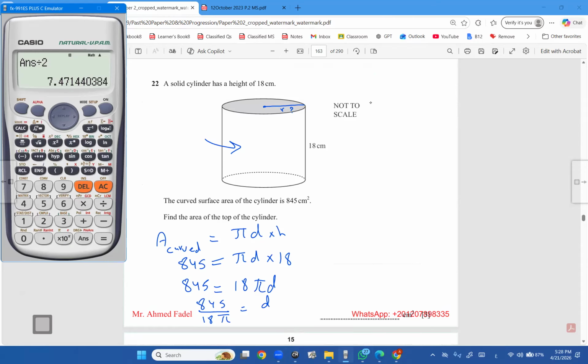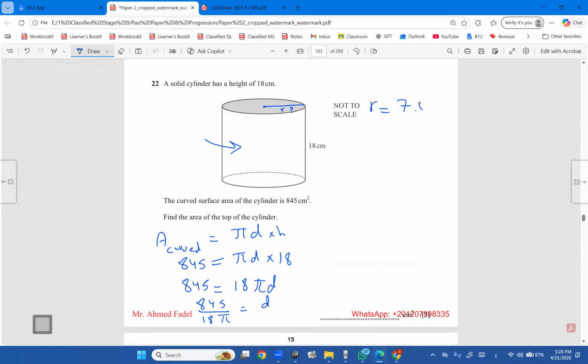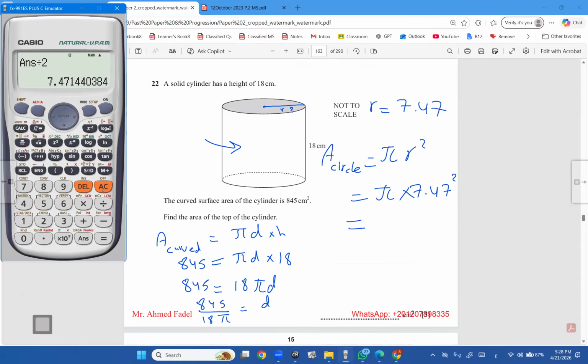So radius is 7.47. They want the area of the circle. So area of the circle equals pi r squared equals pi times 7.47 squared equals, then you find it.